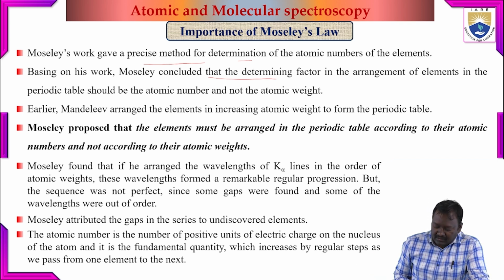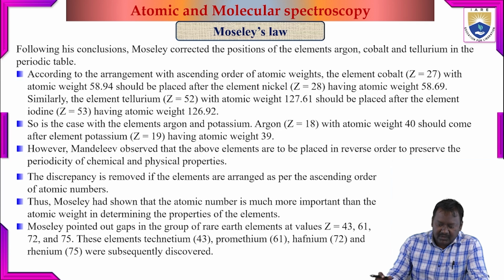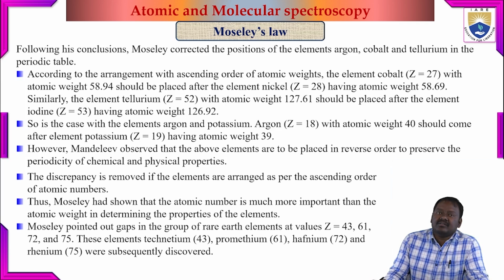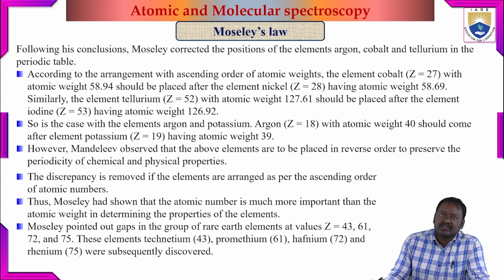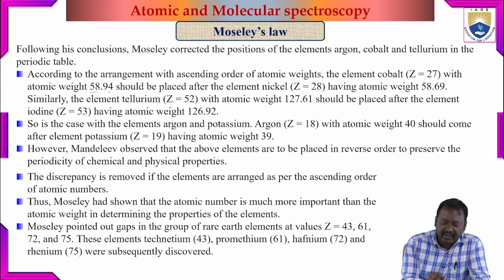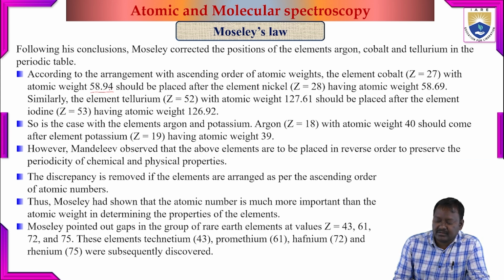Okay, so in general, if you follow the arrangement of atoms in the order of atomic weights, the element cobalt, having atomic weight 58.94, should come after the element nickel.